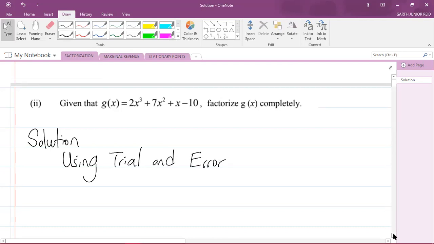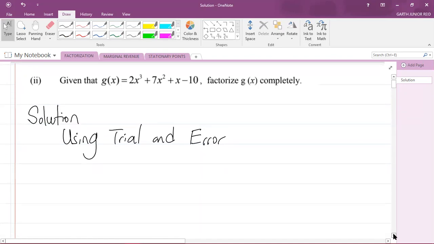Now, how do you come up with the factors for this polynomial? There are different ways of doing it, but I'm just going to show you one method.